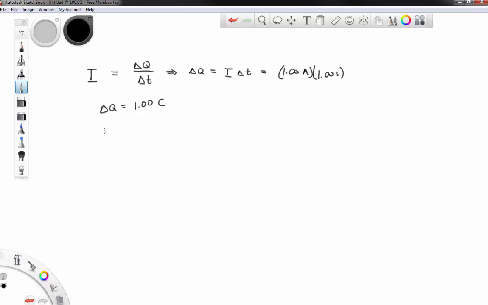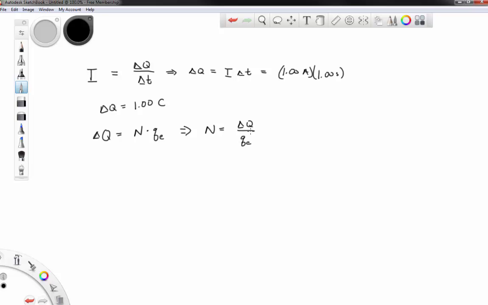Well, the total charge can be given by the number of electrons times the charge of an electron. So this delta Q is given by this. That means that the number of electrons must be the total charge divided by the charge of a single electron.